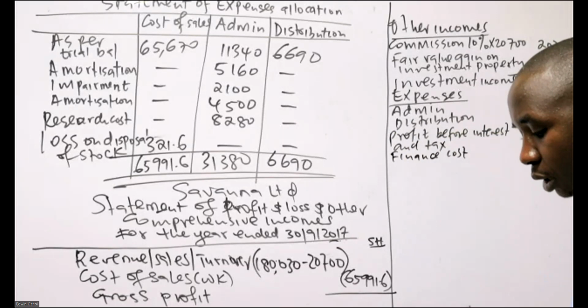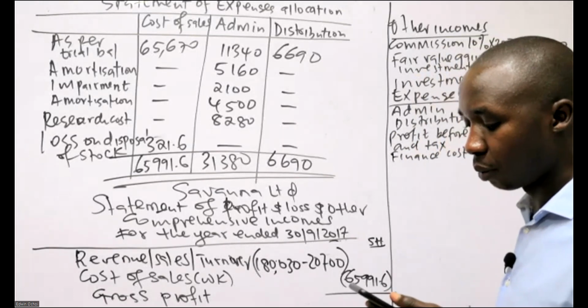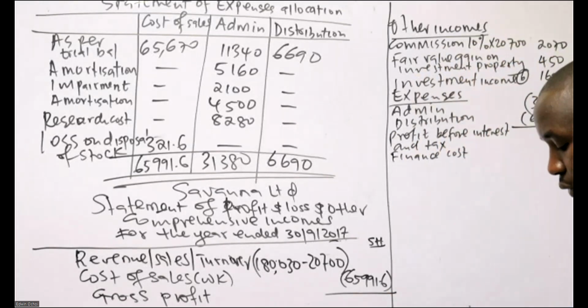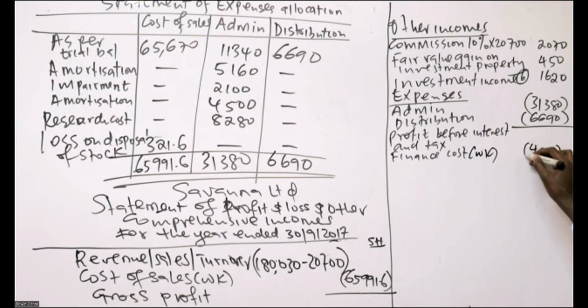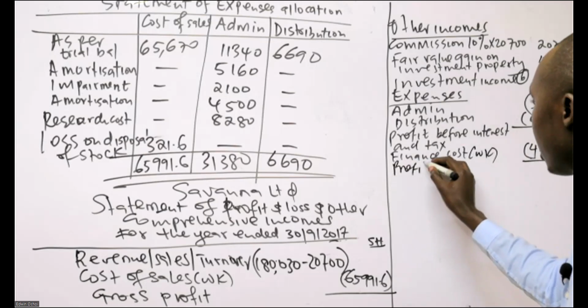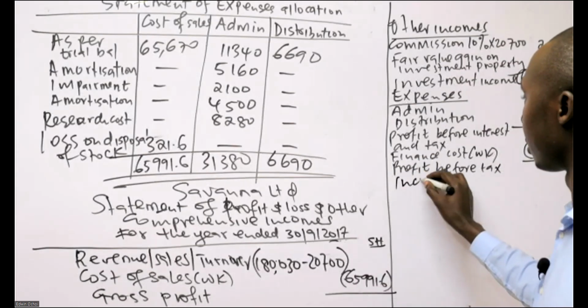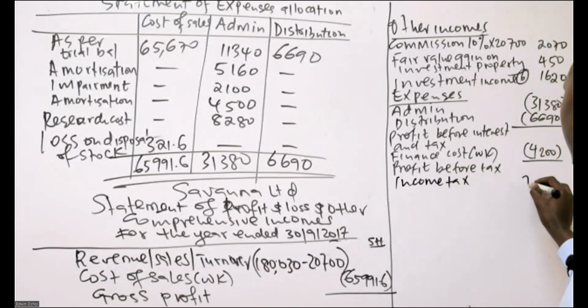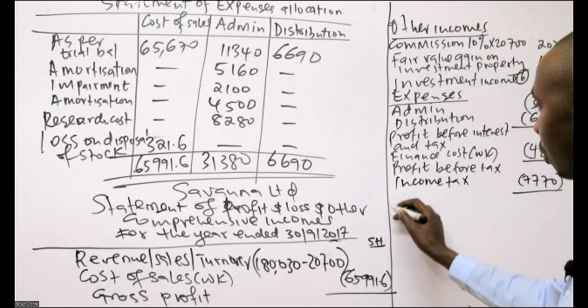Remember, it was based on the debenture and the redeemable preference shares, 8% and 10% respectively. We go to which figure? 4,200. So profit before tax. Then tax. The income tax is 770. So that is the profit for the year.